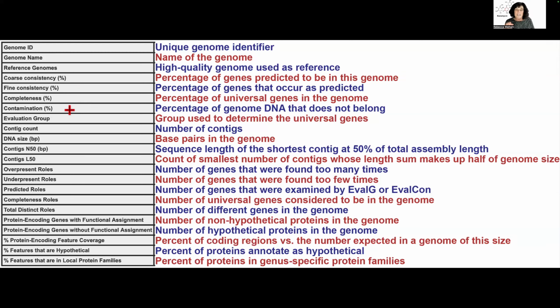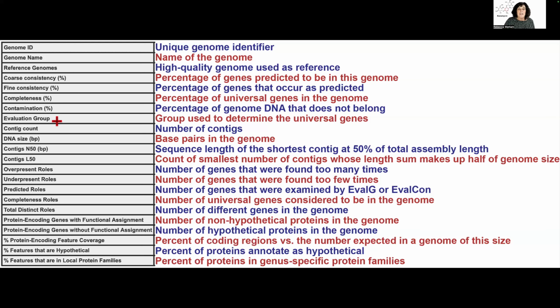Contamination is the percent of the genome DNA that does not belong. So when it's evaluating your genome, it's looking for things that it expects to be there in terms of genes, and it's also identifying things that it doesn't expect to be there. Not only genes that it doesn't expect, but also DNA that it doesn't expect.